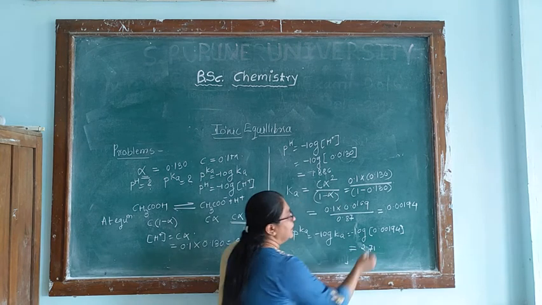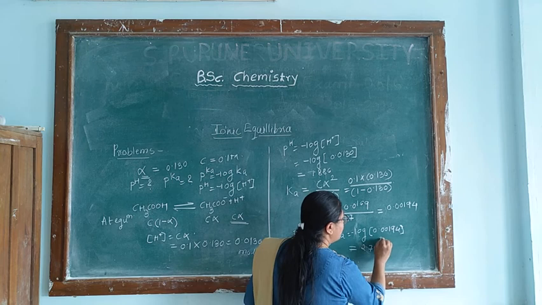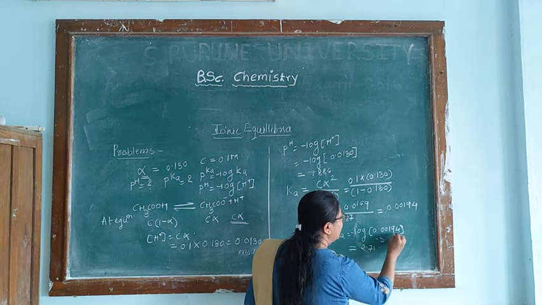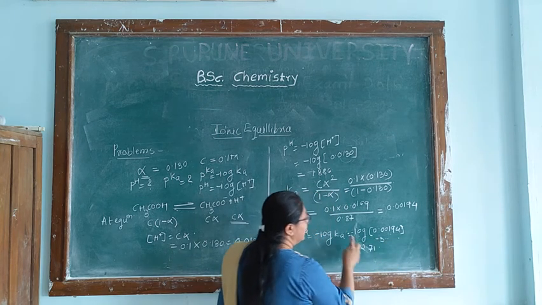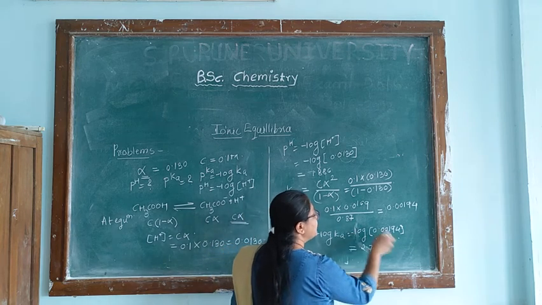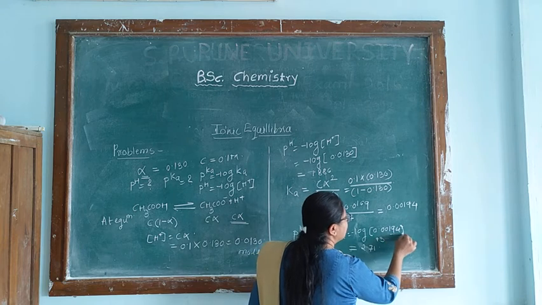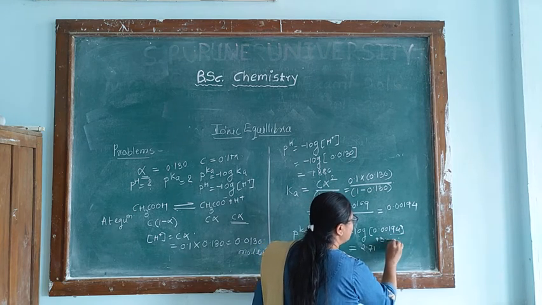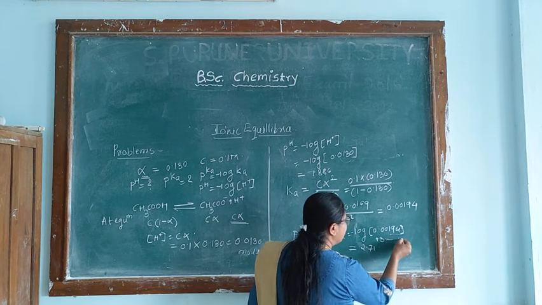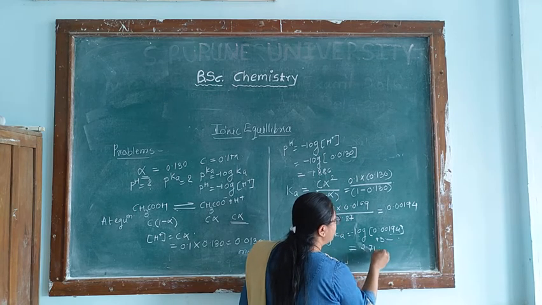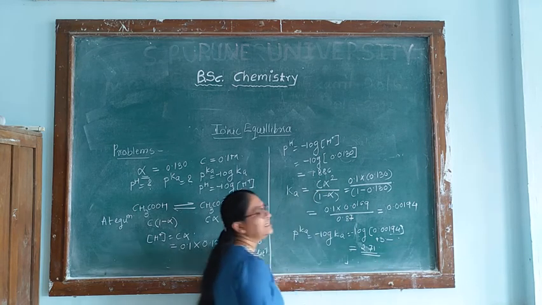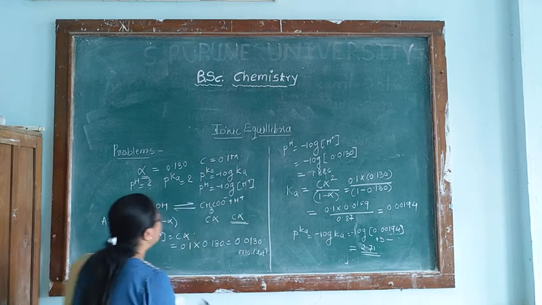Here also the log of this will be bar 3 point something. When you multiply it with a minus sign, the characteristic will become plus and the mantissa will become minus. So you will have to subtract the mantissa from plus 3, and the answer is 2.71. Now the next problem.